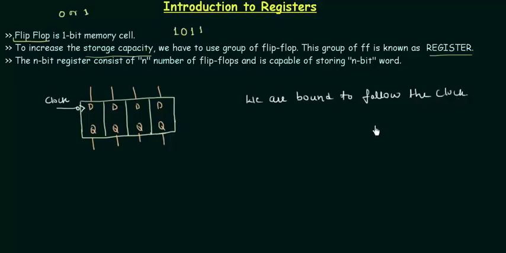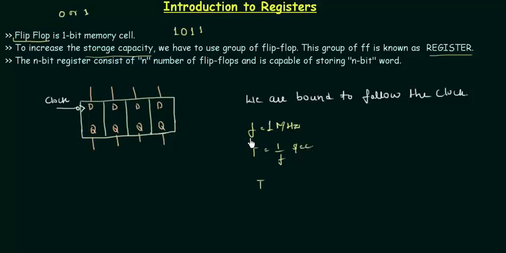and this is a problem in itself. I'm going to explain why it is a problem. For example, let's take a clock with a frequency 1 megahertz. I'm having a clock with a frequency 1 megahertz. This is the frequency, and you know that the time period is equal to 1 by f seconds.